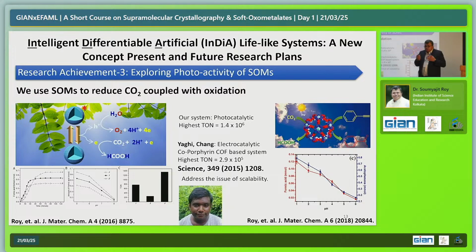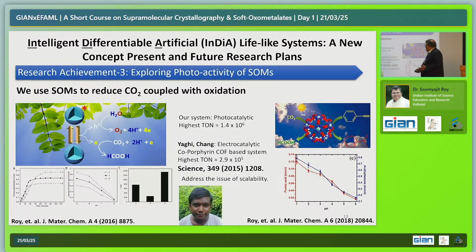They were able to show this, and we were one of the early ones to convert carbon dioxide into formic acid together with oxidation of water. So this was a coupled process. It's like photosynthesis, which is why these processes are known as artificial photosynthesis, right? You do photosynthesis, but you don't have leaves; you have these SOMs, these entities which are doing the magic for you.